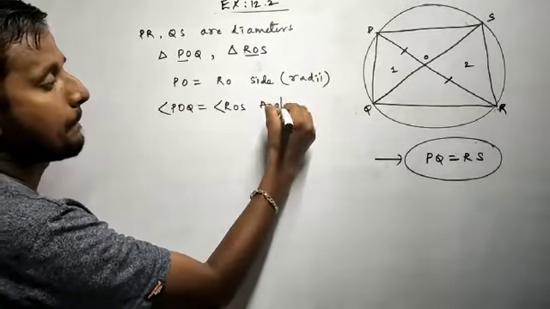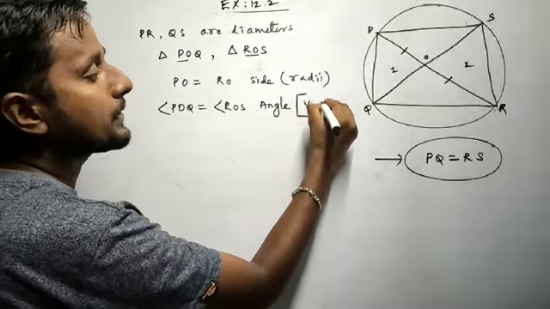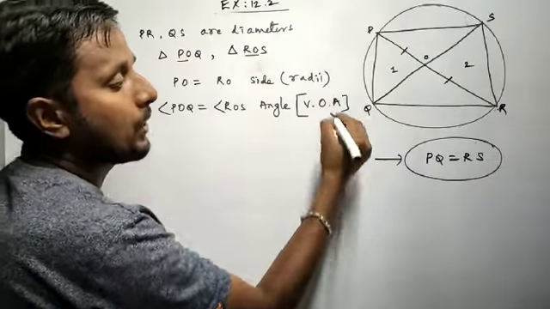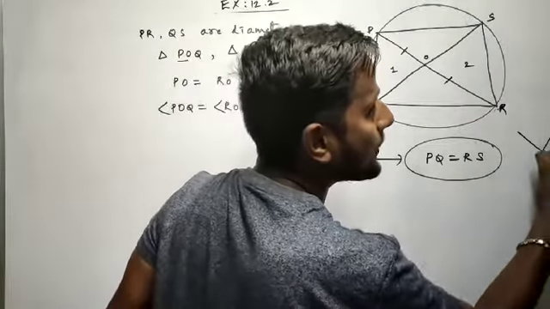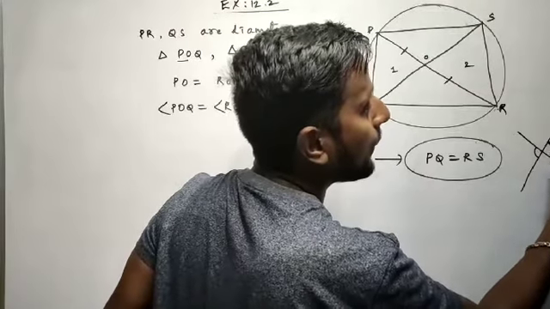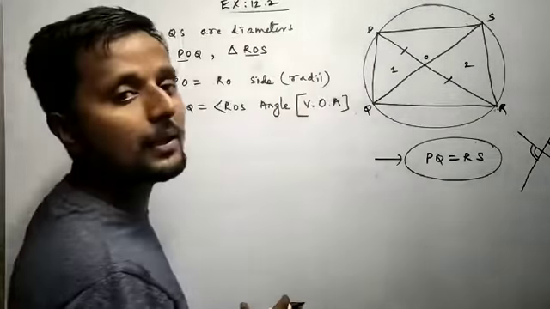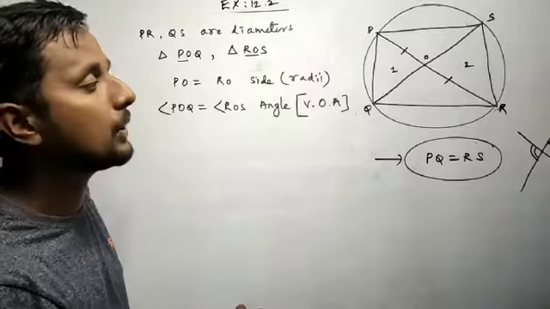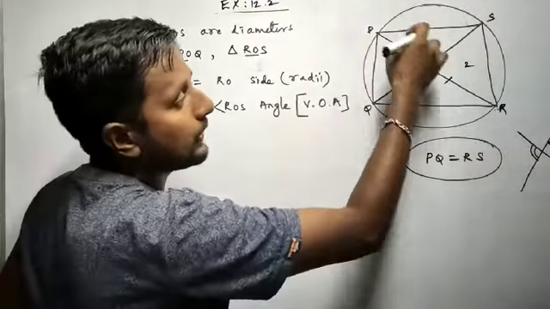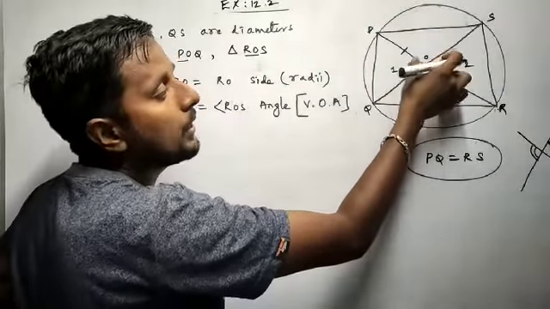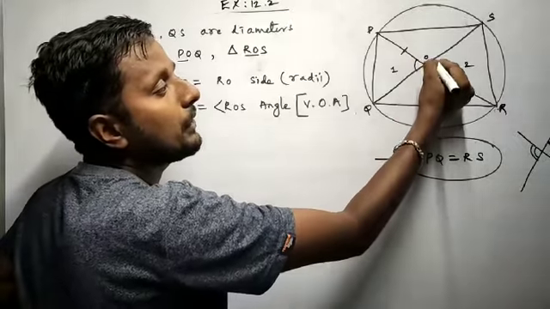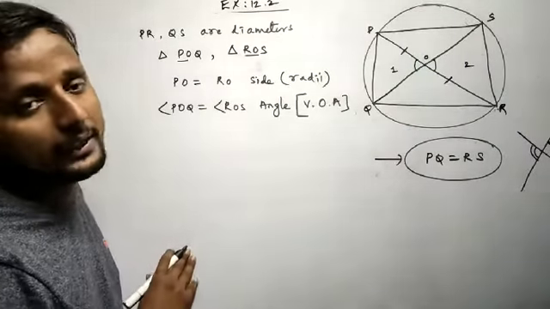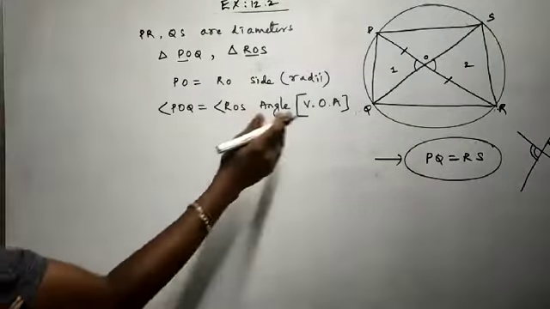It's an angle. The reason for equality is, when two lines intersect, they make pairs of equal angles. Those angles are called vertically opposite angles. So here also the diameters meet at point O, and they make the same angle, the same measure of angle. Okay, right.